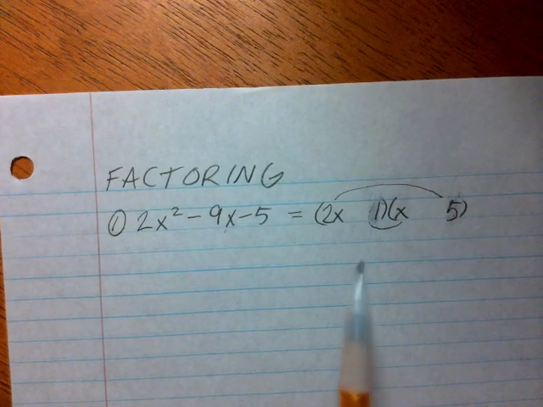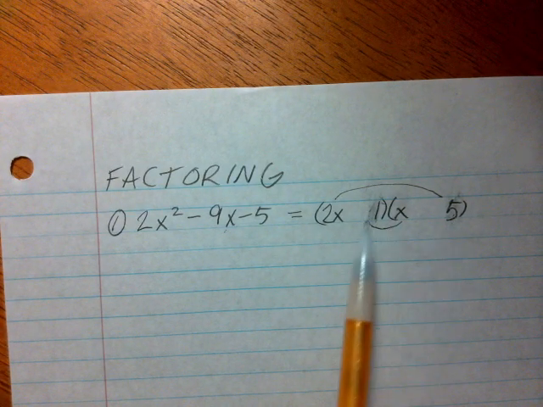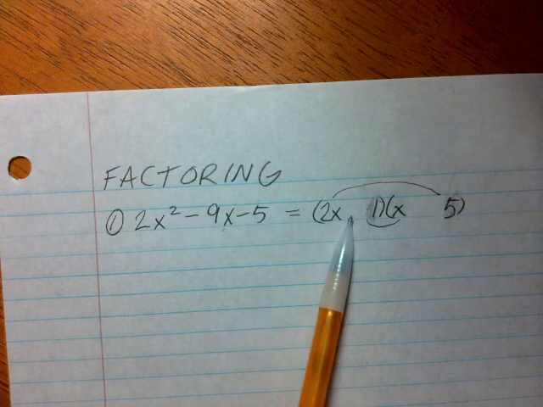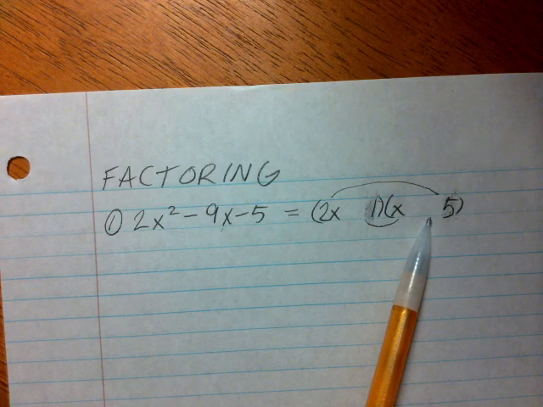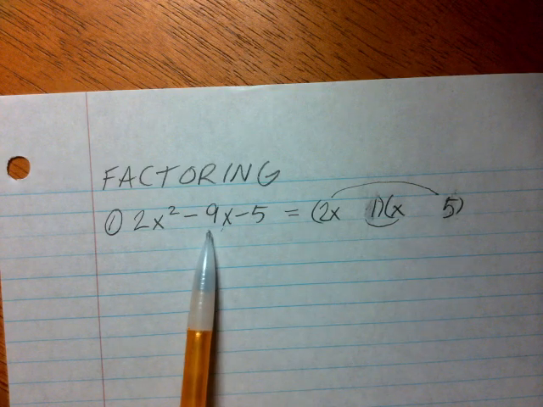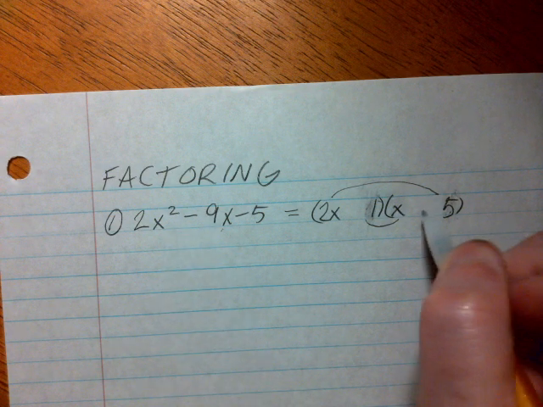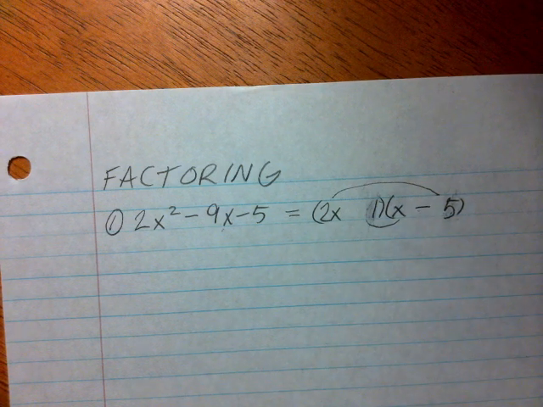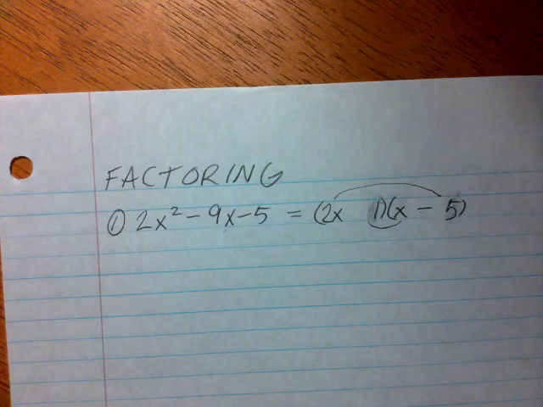Now I just have to make sure to put the right signs. So this 1 and this 5, the L from my FOIL, needs to give me negative 5. So one must be positive and one must be negative. And then I look at my 9x here, it's negative. So I think what I want to happen is I want 2x times 5 to be negative. So I'm going to put the negative there so it's on the 5.